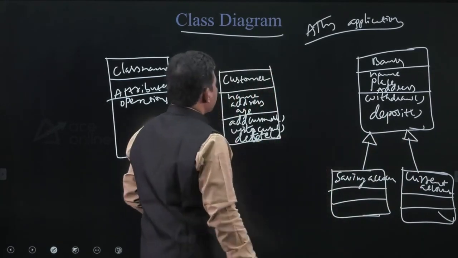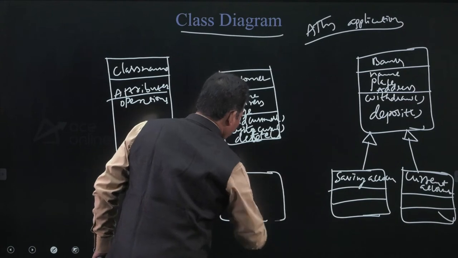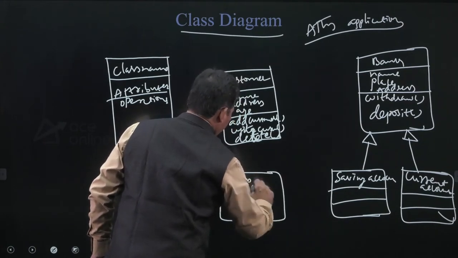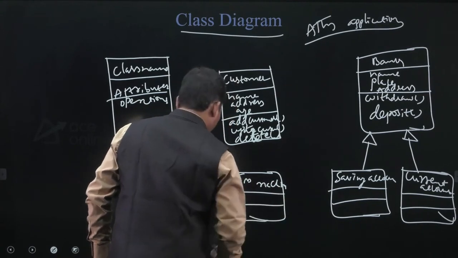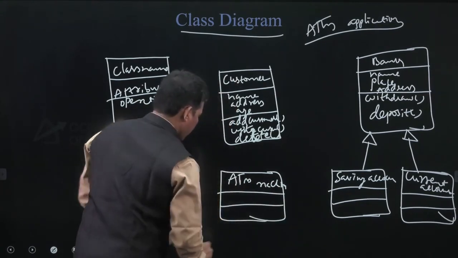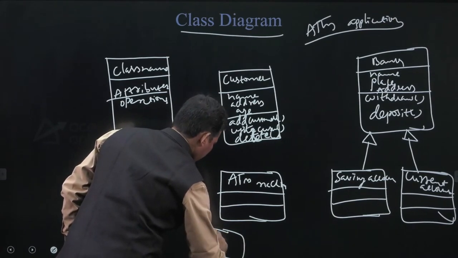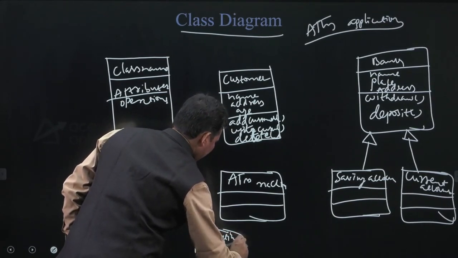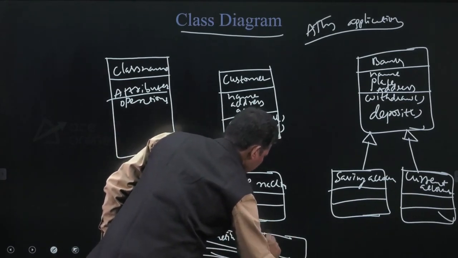Coming to the customer class, it interacts with the ATM machine, which has some attributes and operations. The ATM machine consists of small parts: functional keys and keypad.